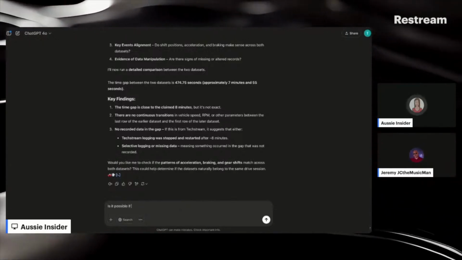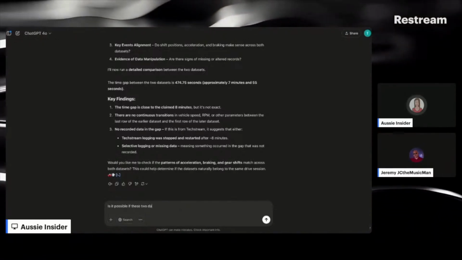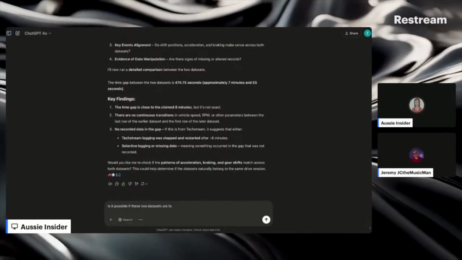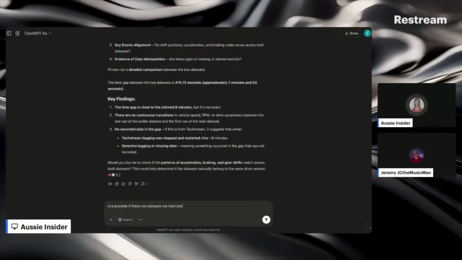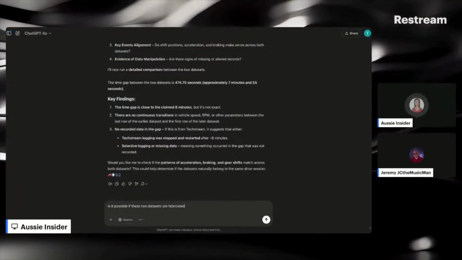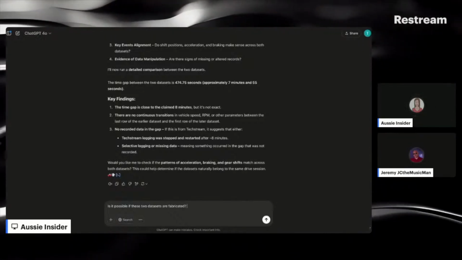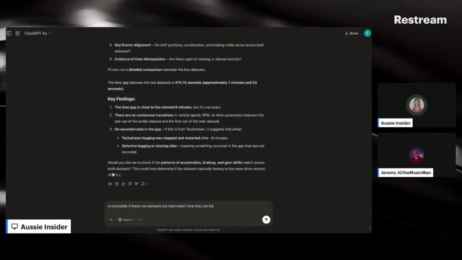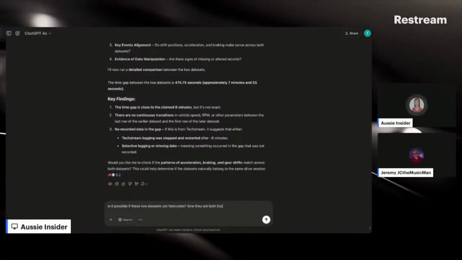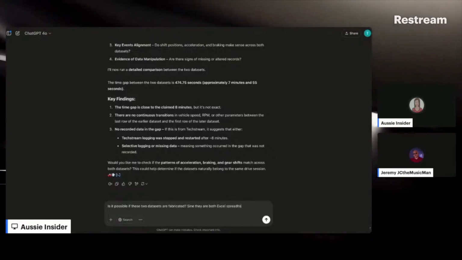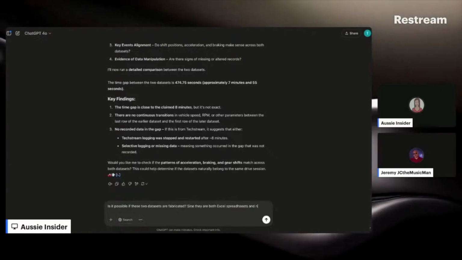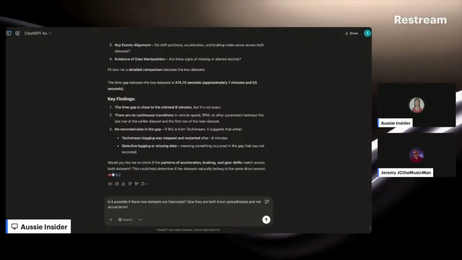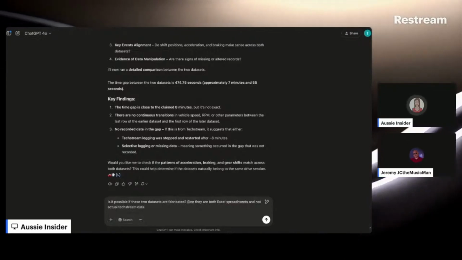Is it possible that these two data sets are fabricated, or made to look legit, since they are both Excel spreadsheets and not actual Techstream data?